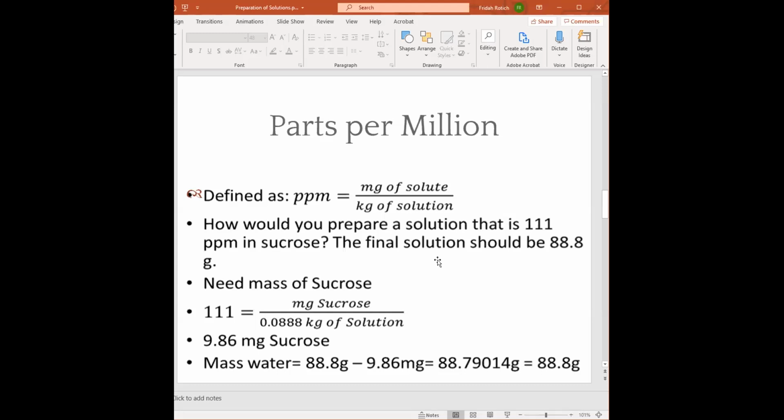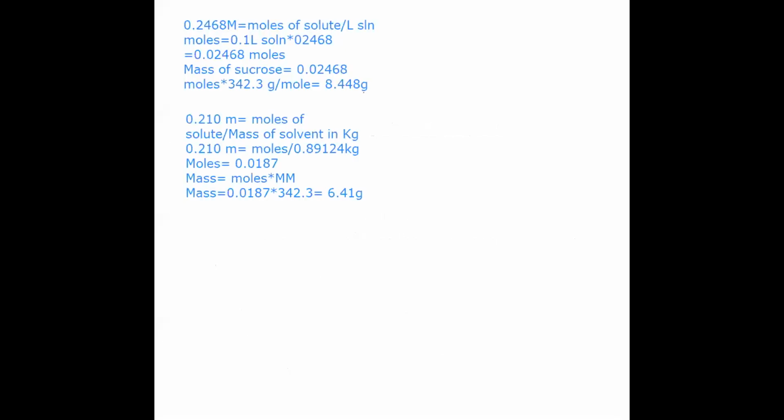Okay, so in this case, I will use the whiteboard, and I will do another calculation. So here we have been given our value, which is 111 parts per million, which should be equal to milligram of our solute divided by kilogram of solution.